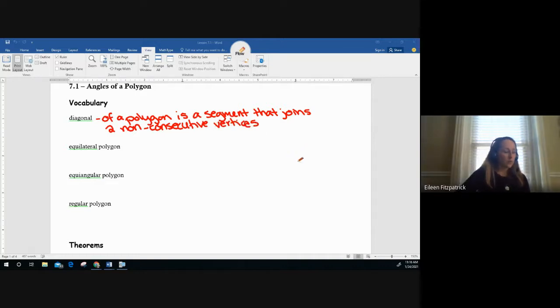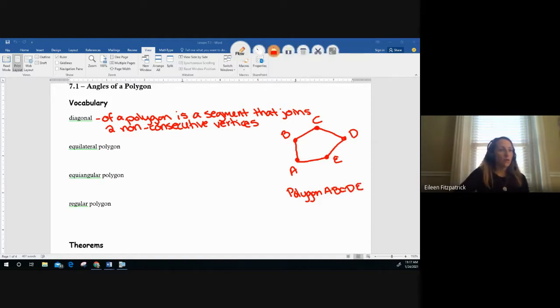Okay, so if I was to draw a polygon, we'll call it A, B, C, D, E. So this is polygon A, B, C, D, E. And if I wanted to draw a diagonal, just pick one of the vertices, it doesn't matter which one, I'll start with A. It says a diagonal of a polygon is a segment that joins two non-consecutive vertices.